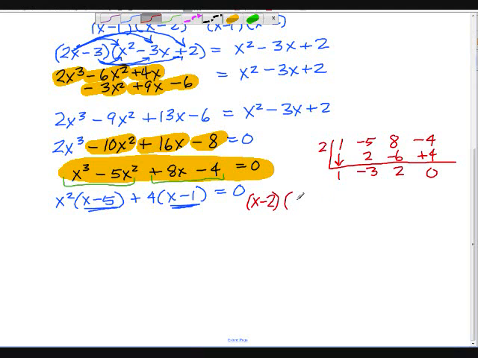And what's the rest of it? It's x squared minus 3x plus 2, which can be factored further, can't it? X minus 2, x minus 2, and x plus, minus.